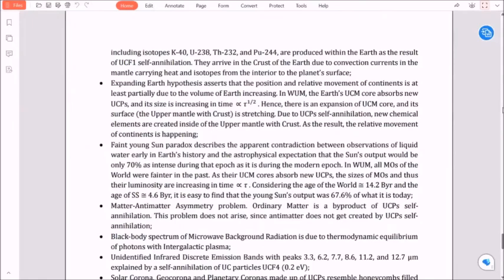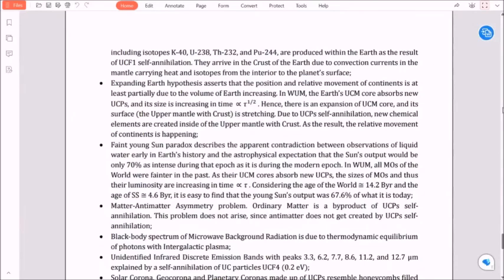Faint young sun paradox describes the apparent contradiction between observations of liquid water early in Earth's history and the astrophysical expectation that the sun's output would be only 70% as intense during that epoch as it is during the modern epoch. In WUM, all macro objects of the world were fainter in the past.